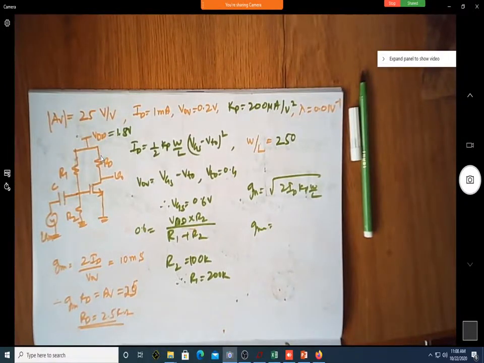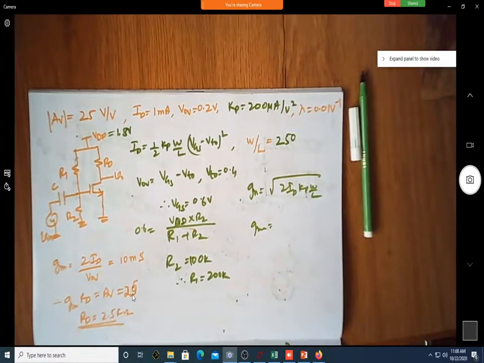If you are assuming a current of 1 milliampere, then what will be the drop? 1 milliampere into 2.5K. Is it not 2.5 volts? Yes, sir. Since it is 2.5 volts, which is not practically possible because your supply itself is 1.8, meaning with this resistive load, I cannot get a gain of 25.